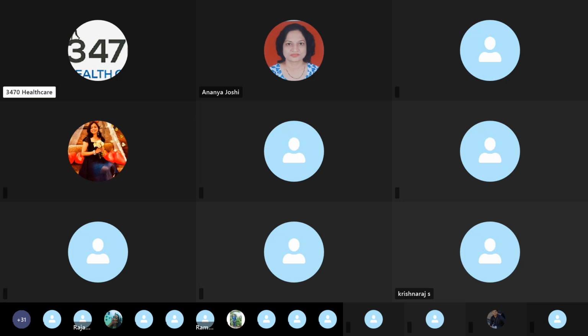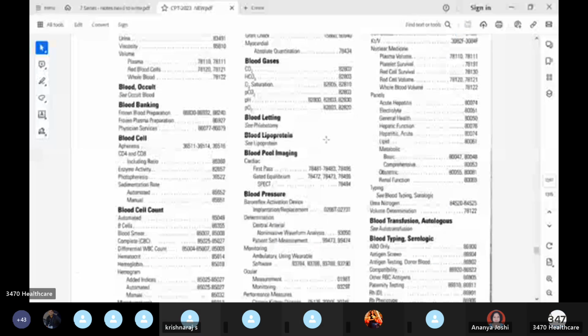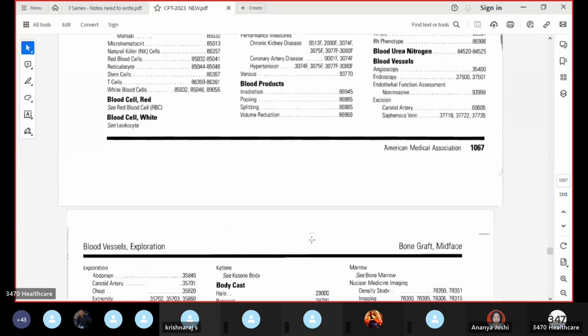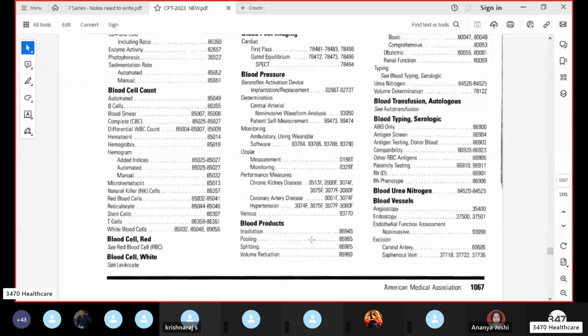It is there, no? Blood pool imaging, yes, it is there. First pass, gated. Page number 1067, 1067.